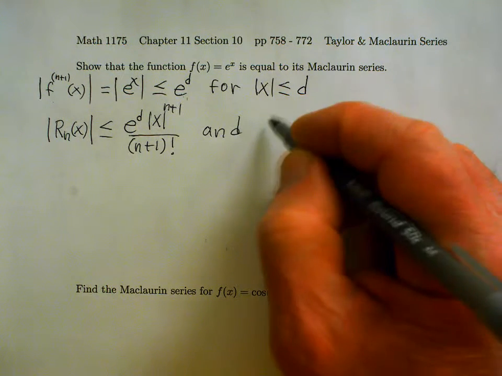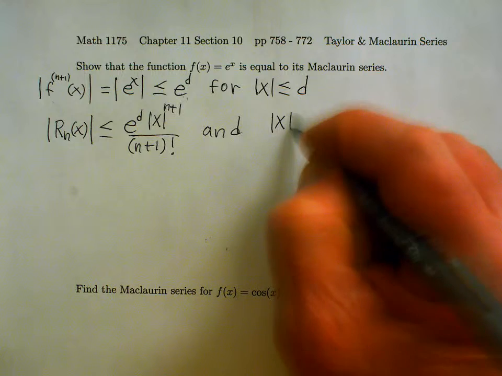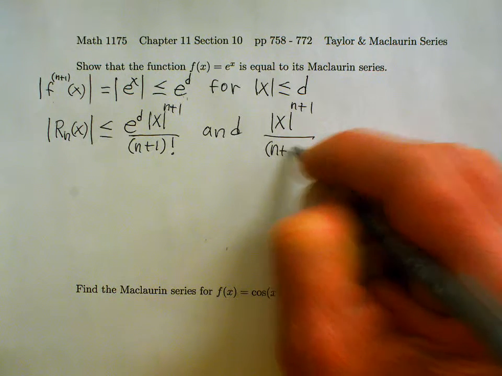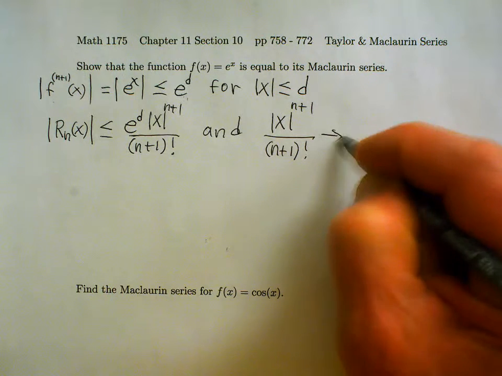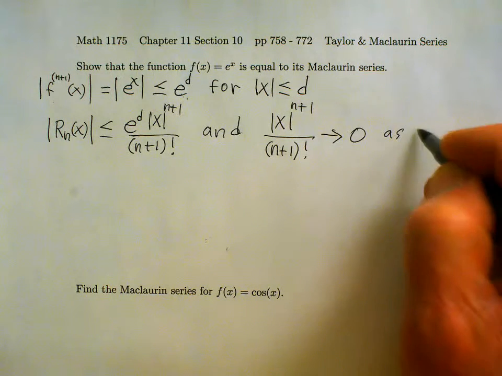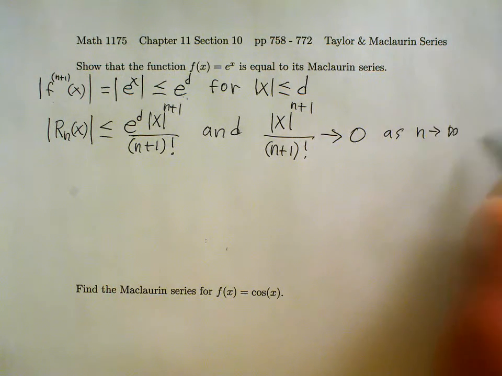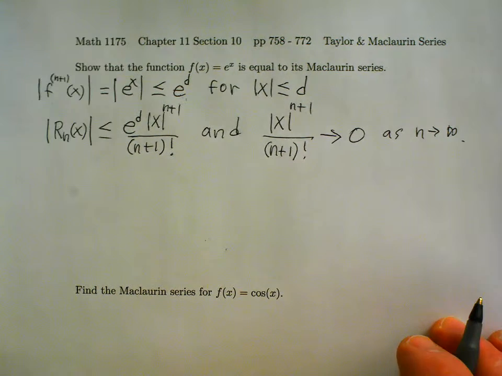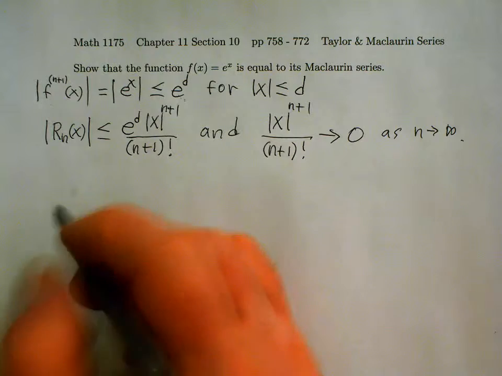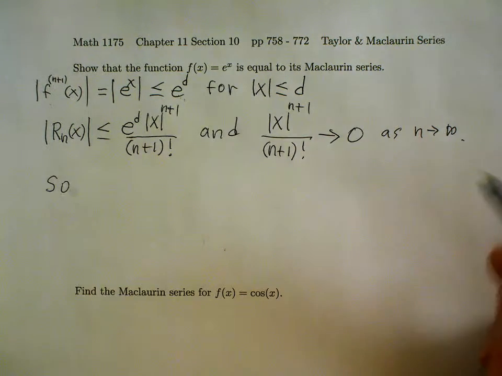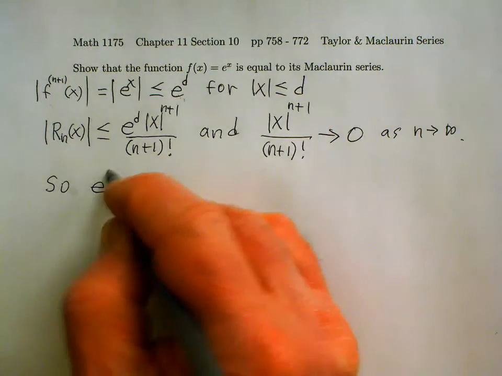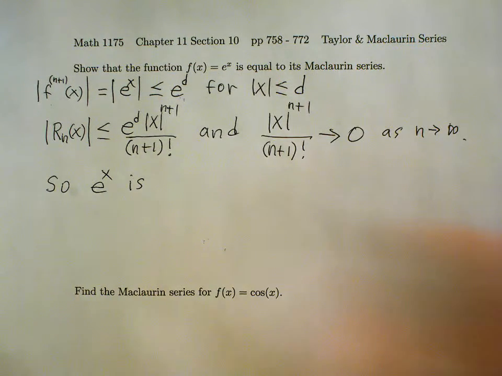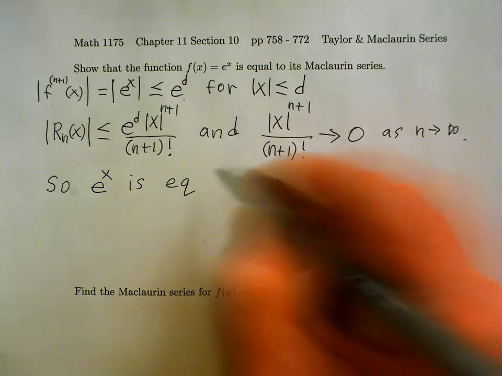And we know that the absolute value of x to the n plus 1 over n plus 1 factorial goes to 0 as n goes to infinity. Okay, so e to the x is equal to its Maclaurin series.